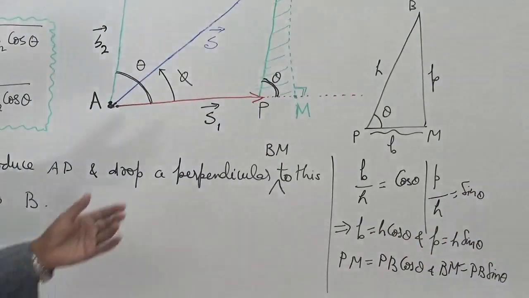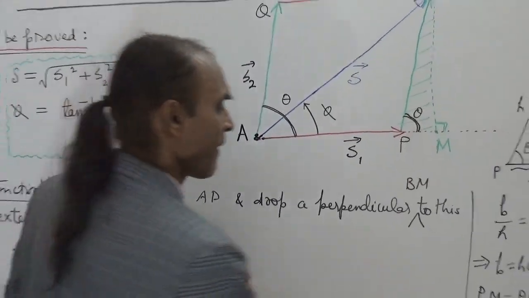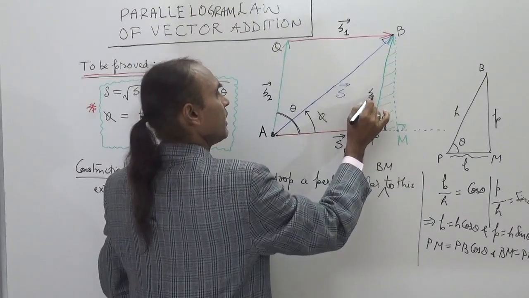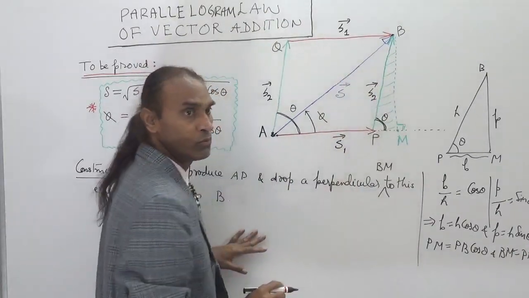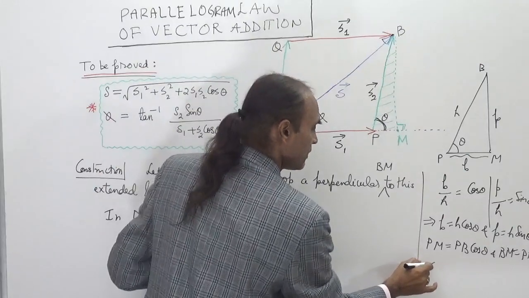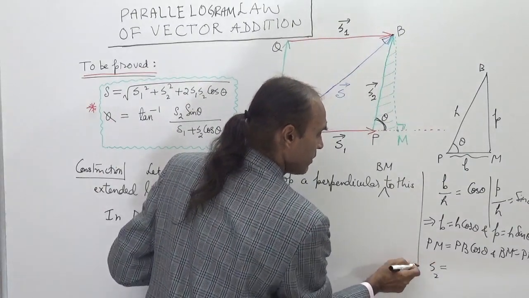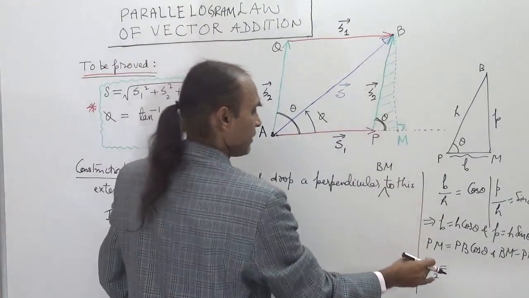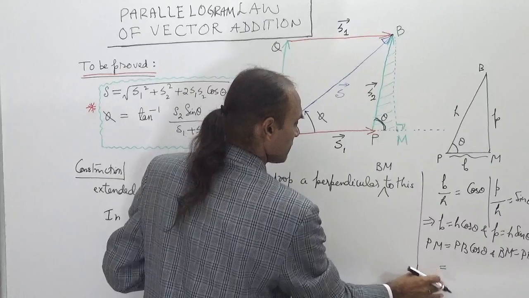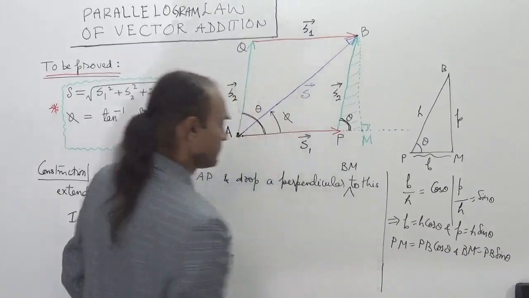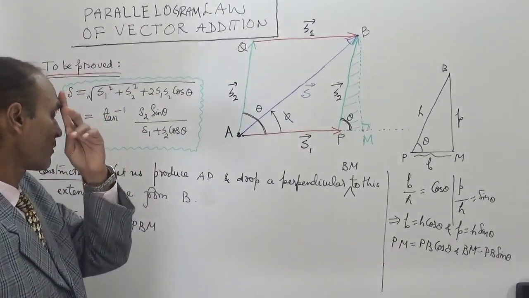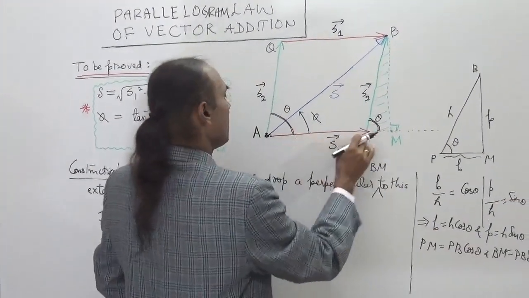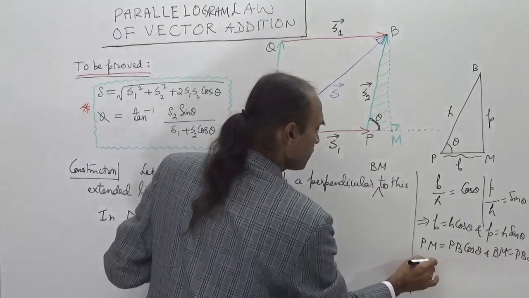Well, the PM is equal to PB cos theta. What is PB? This is exactly equal to S2, so its magnitude is S2. So PM is equal to PB cos theta, but PB is equal to S2.